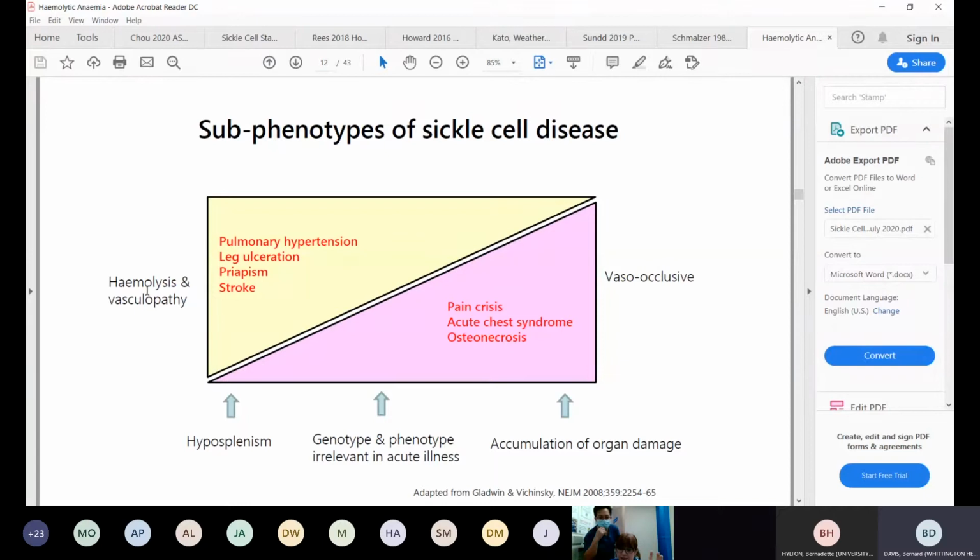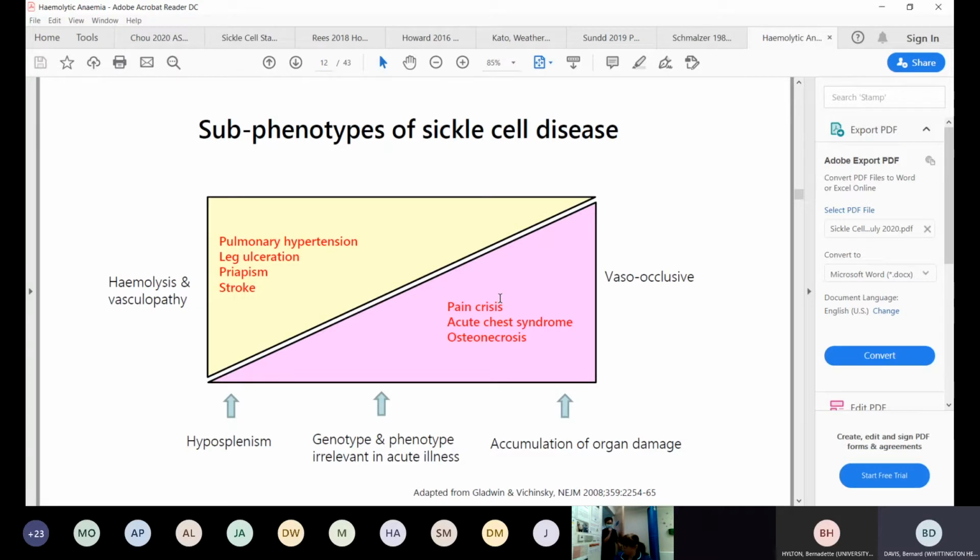And then on the other side, you have people who predominantly have hemolysis and vascular damage. These people tend to present with things like stroke and pulmonary hypertension and so on. Of course, there's marked overlap between these two extremes.